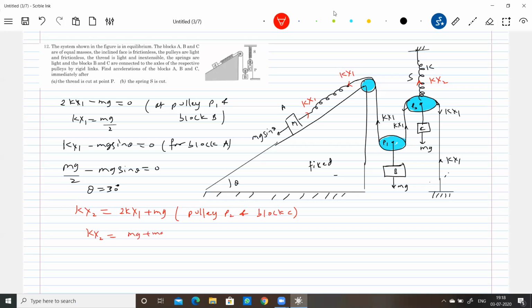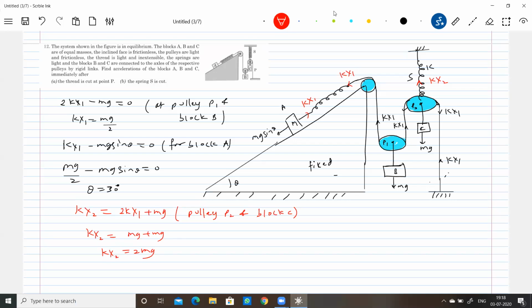So this will be mg, this is 2mg. So don't blame me, I'm just assuming some value of k. So let it be. This is the initial part.